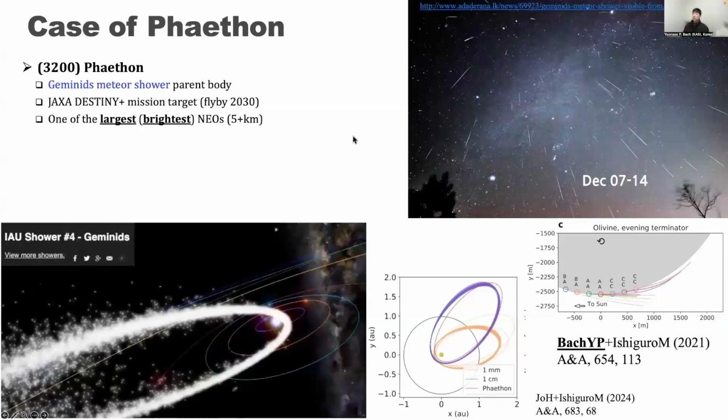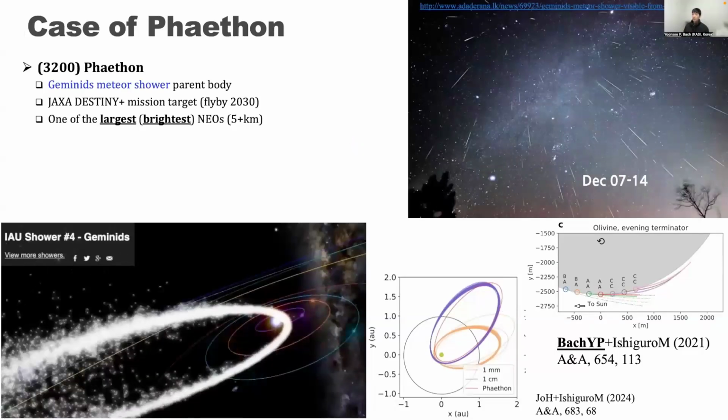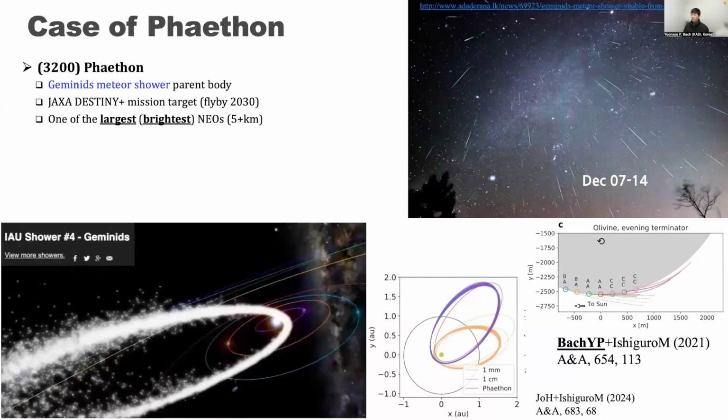Now I want to introduce you to an interesting case, asteroid 3200 Phaethon. It is the Geminids meteor shower parent body, and it is the DESTINY+ mission target, which will fly by in 2030. It is one of the largest and thus the brightest near-Earth objects, so it is a very widely studied asteroid.